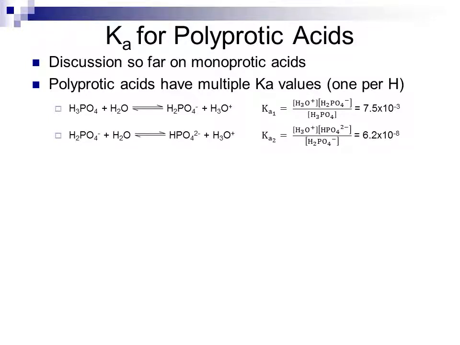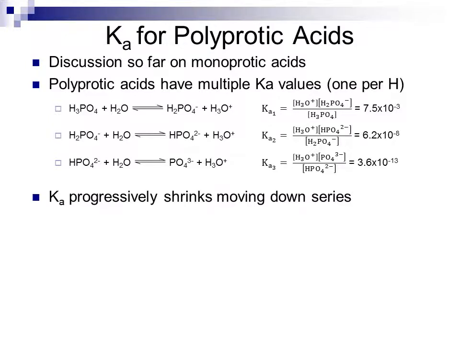That H2PO4- can then undergo further ionization, forming HPO4 2-, with a Ka value of 6.2 times 10 to the minus 8. That HPO4 2- can undergo one more ionization, producing PO4 3-, with a Ka value of 3.6 times 10 to the minus 13.